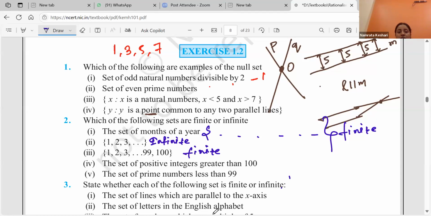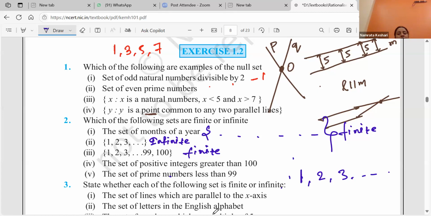Actually, when we have to think about prime numbers, we take the numbers from 1, 2, 3 and see which number is prime, which number is divisible by itself only. So 2 is prime, 3 is prime, and we have to take the set of all prime numbers less than 99.